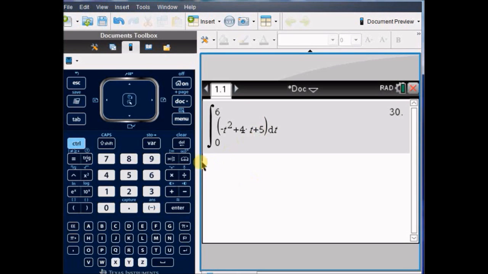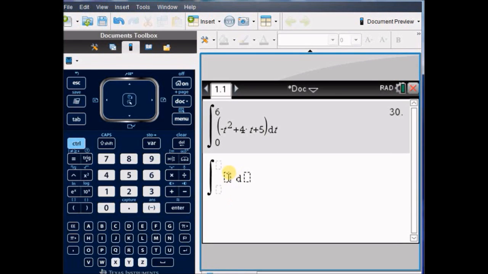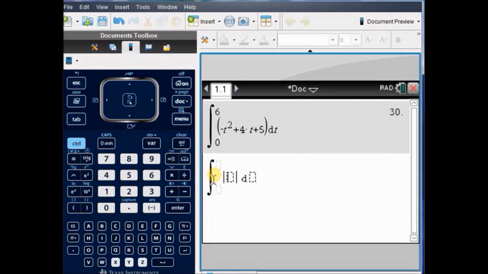So let's do this again. Here we need our absolute value symbol, which we get from here. And now we can do that. Let's see what the difference is.